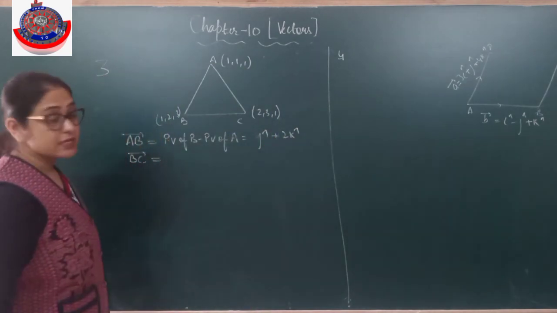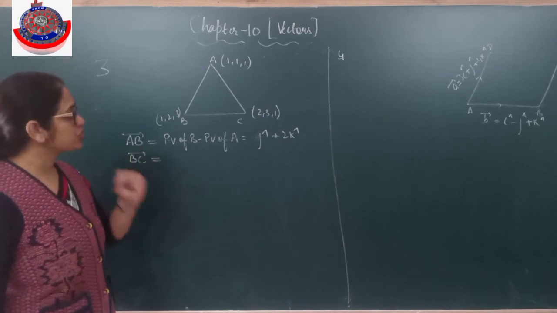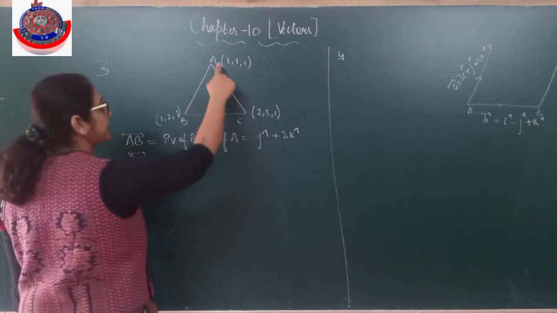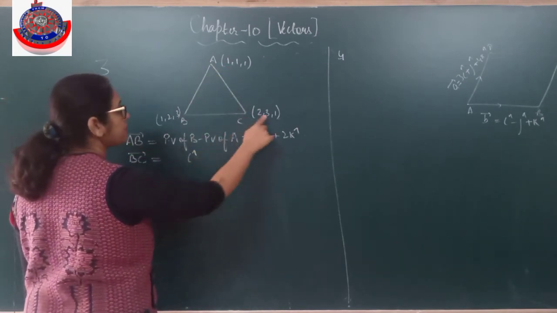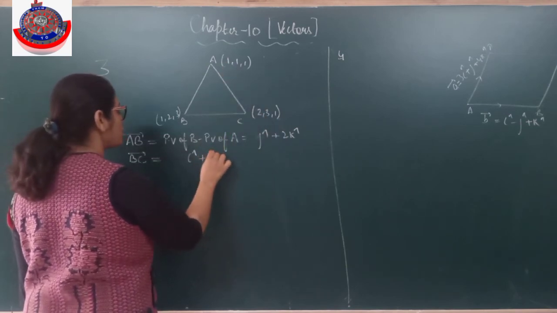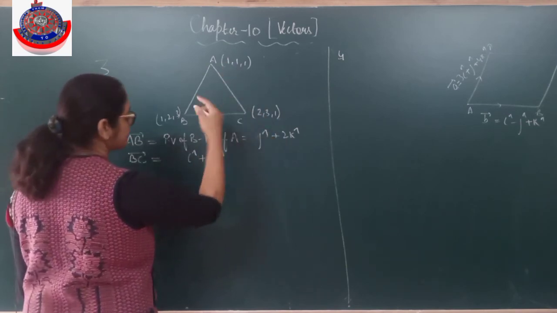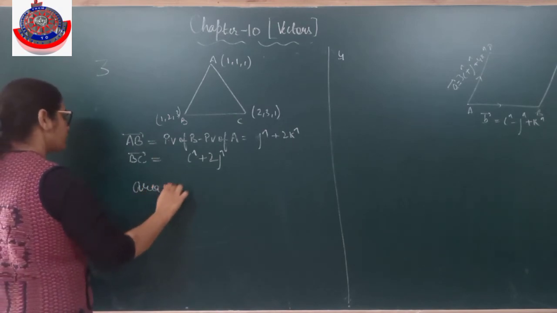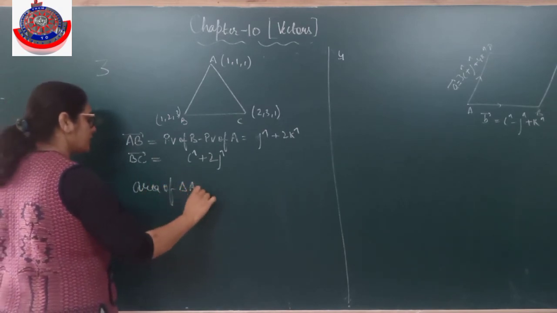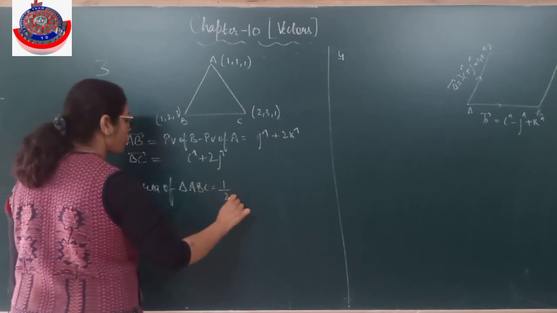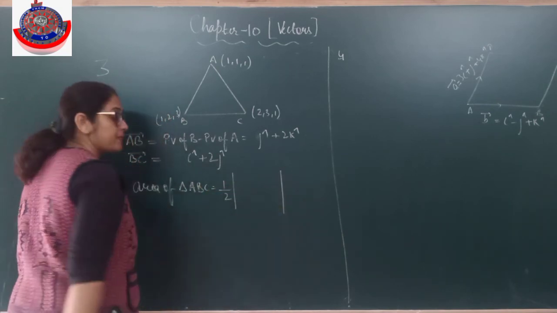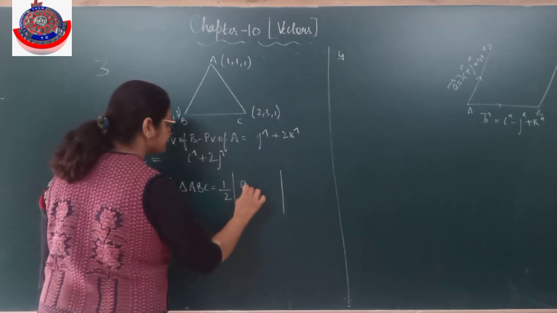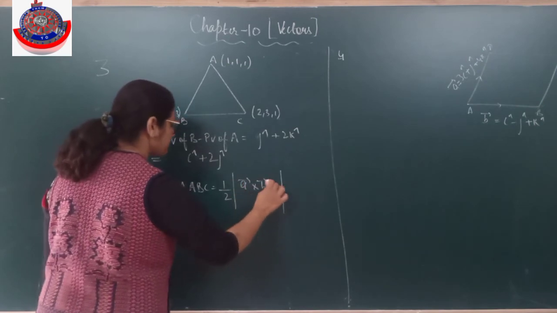Similarly, BC would be position vector of C minus position vector of B. C 2 minus 1 I cap, 3 minus 2 J cap, 1 minus 1 0. So we have, so area of triangle ABC will be half of the magnitude of A vector cross B vector.